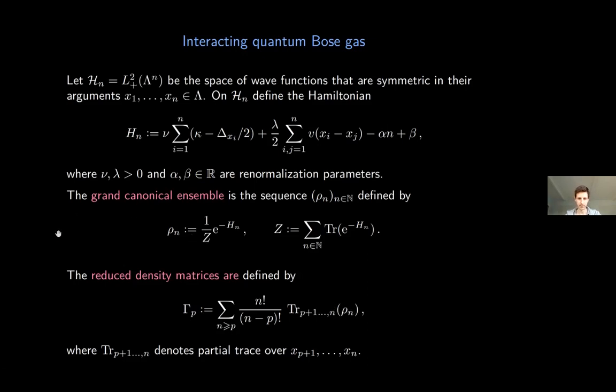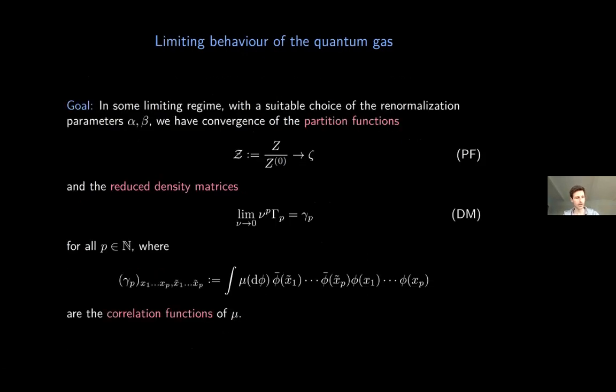Okay, so this is my quantum Bose gas, and what I would like to do is to relate these two theories to each other. So I would like to prove that in some appropriate limiting regime, this quantum Bose gas tends to a Euclidean field theory. So in terms of the convergence of the partition functions and reduced density matrices.